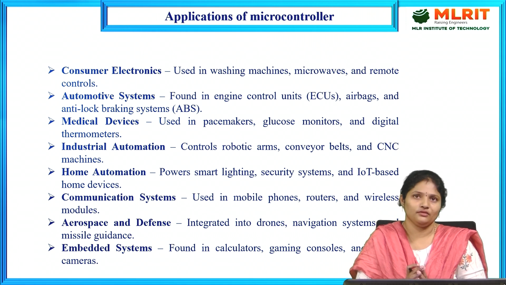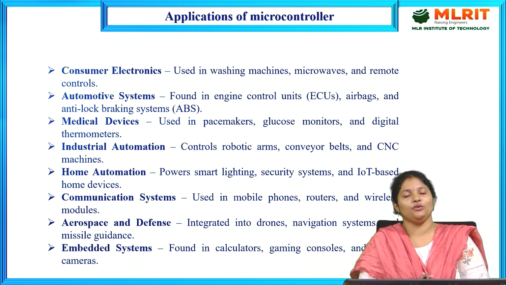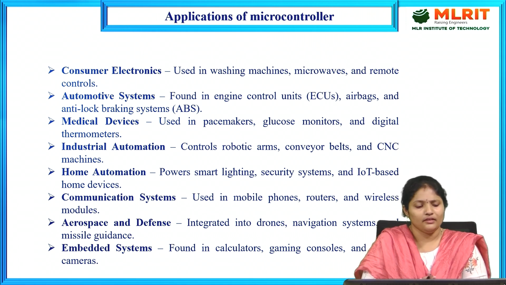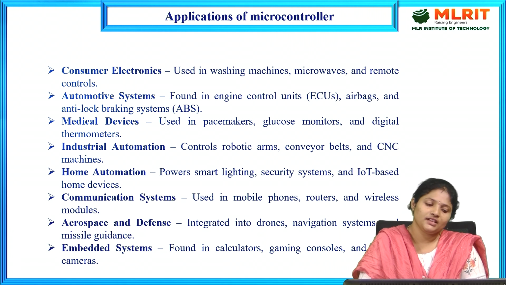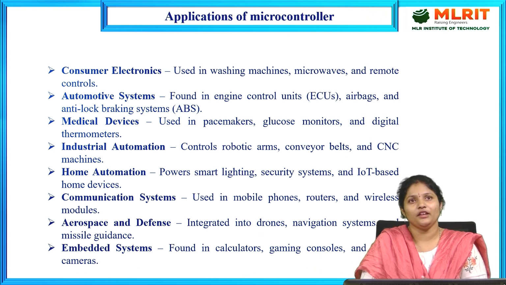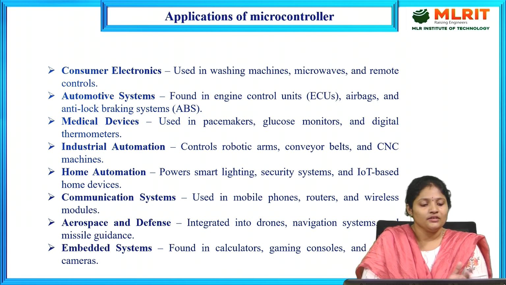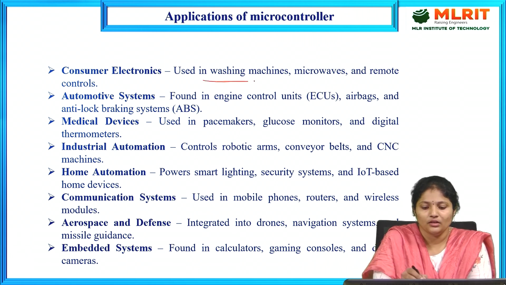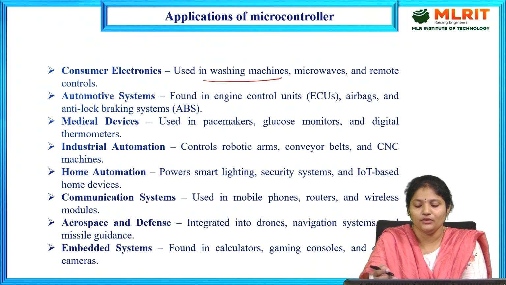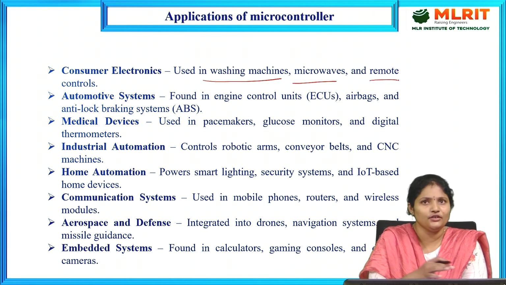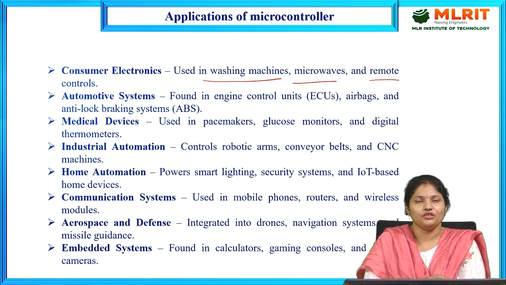Coming to the applications, where can we use these microcontrollers? Nowadays, we are using microcontrollers like anything. Everything has these microcontrollers. Washing machines, refrigerators, microwave ovens, remote control devices, all consumer electronics which we use in day-to-day life.